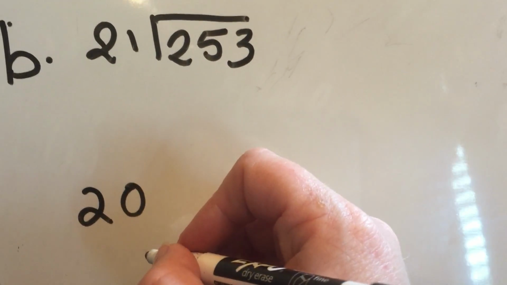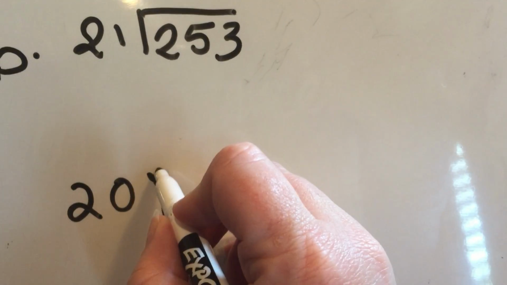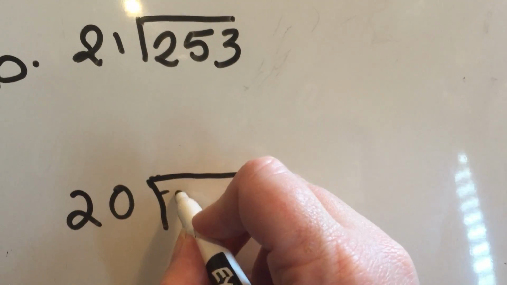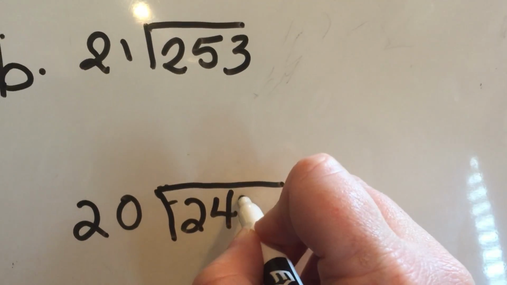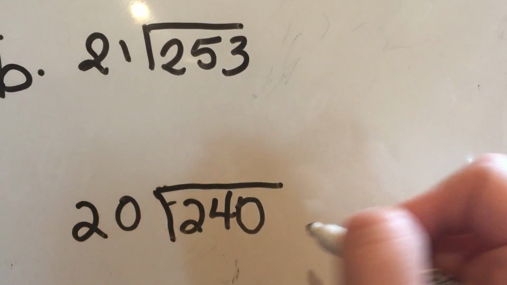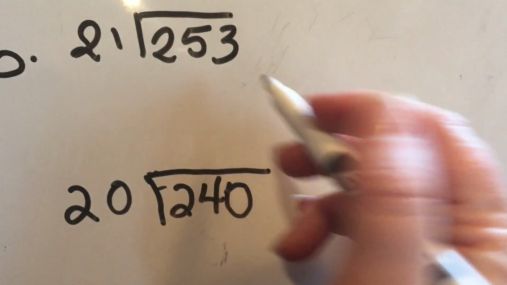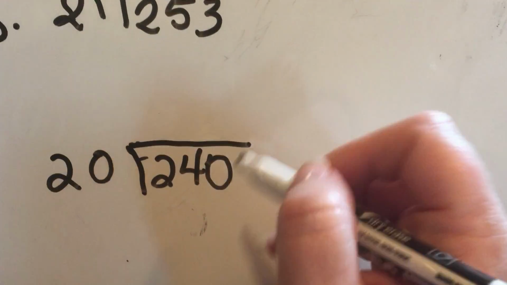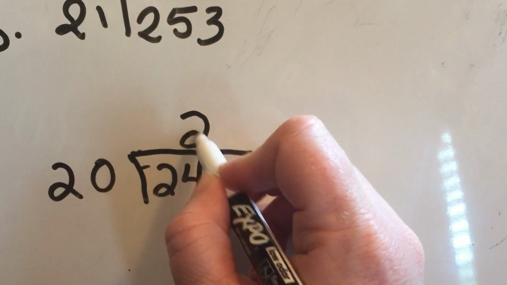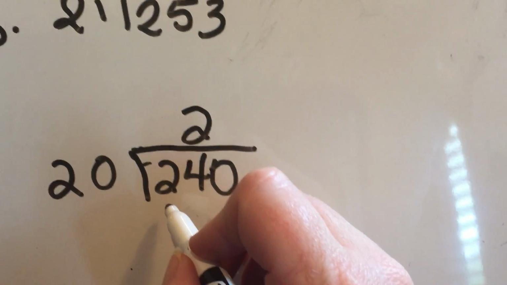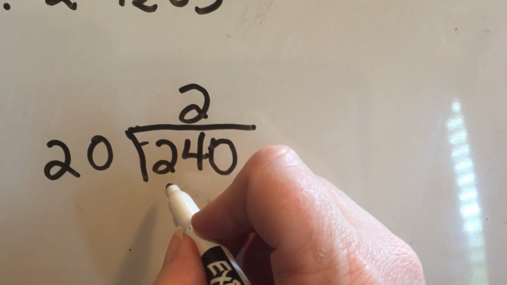And 253, a good number to round it to that 20 will divide into evenly, is 240. I know this is kind of tricky, but it's just estimating, and I'm not super concerned that you use the same numbers as I did on this. If you just divided these out, that's fine too.